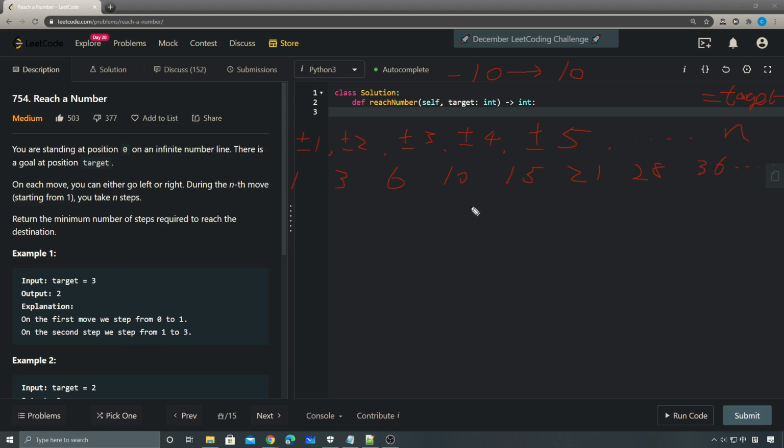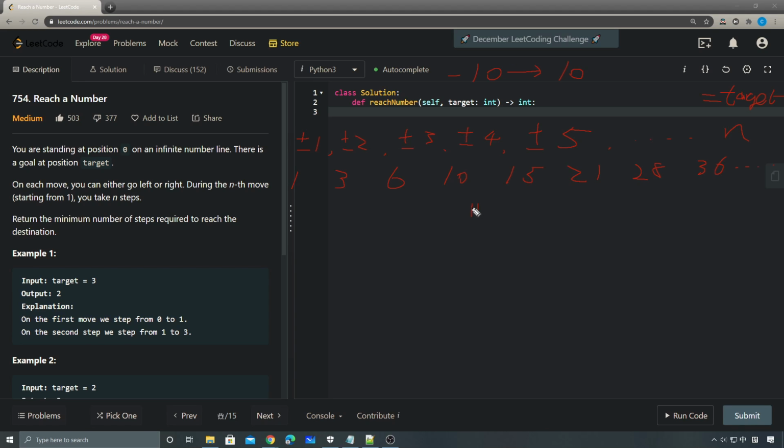So let's say for example the target is 11. Once we have reached 15, we know the total is already greater than 11. The difference, or you can call it the delta, is 15 minus 11, which is 4.